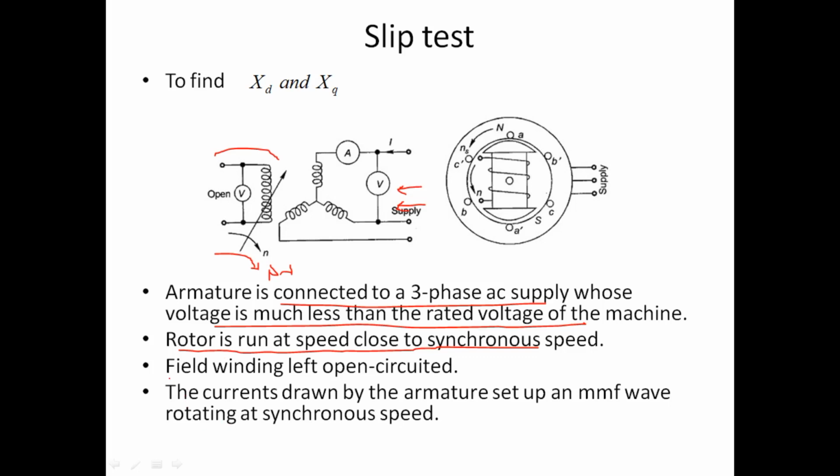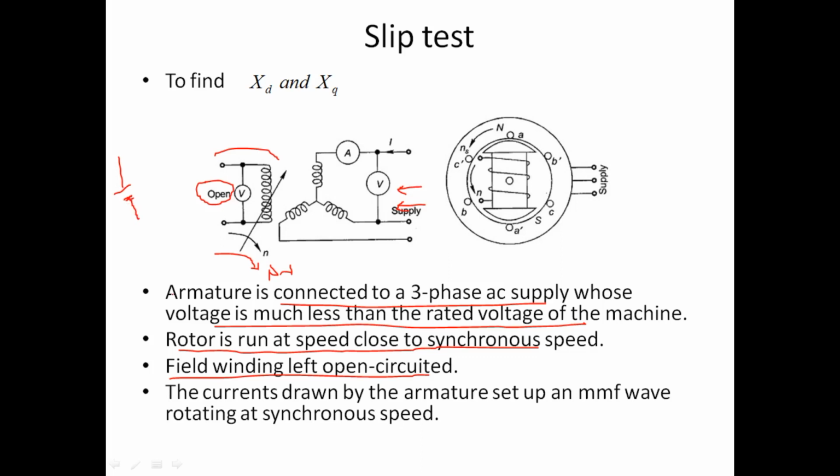Now the fourth point we have to note here is that the field winding is left open circuited. Here we can see this field circuit is open. Usually we give a DC supply to the field circuit, but here it is open circuited. So you should remember these four points.